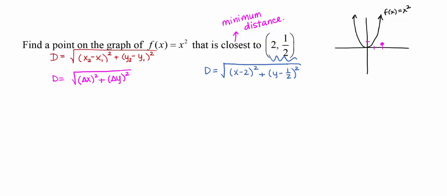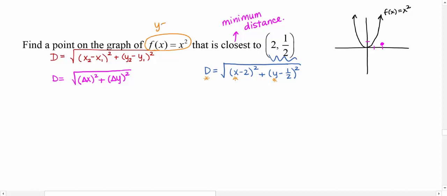Now here's the part where you have two variables in your equation and one variable out. And we are in single variable calculus, so I need to take care of that. So I need a relationship between x and y. Well, I want the point always to be on that curve.